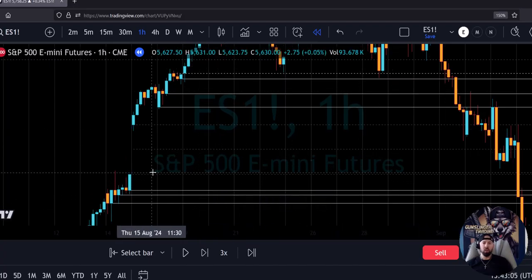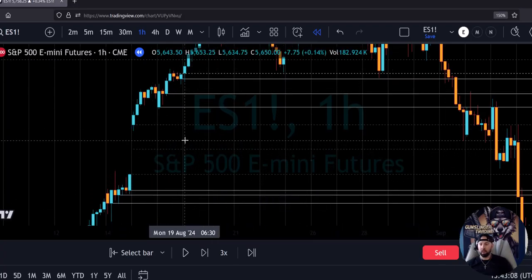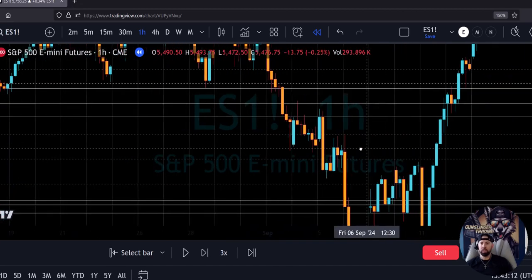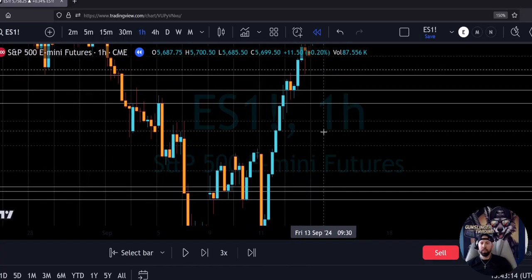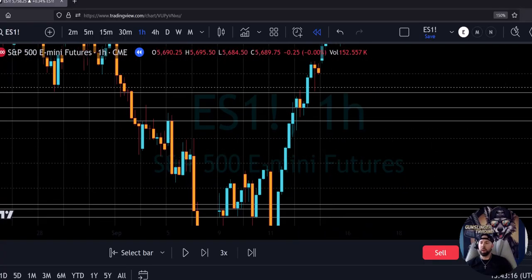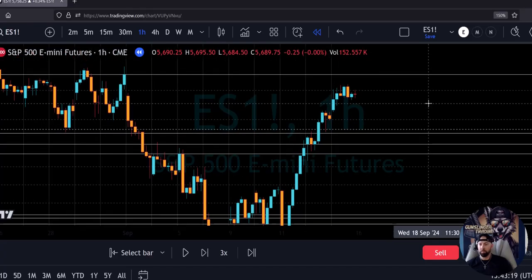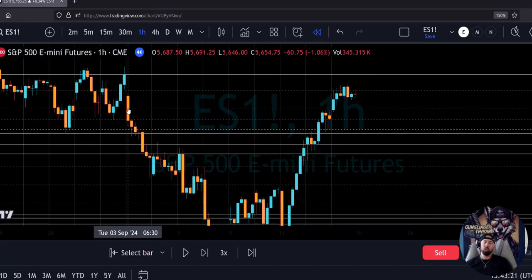So this is why we want secondary levels, because just one hourly key level to key level is not the strategy I trade with anymore, and it's not good for prop firms.